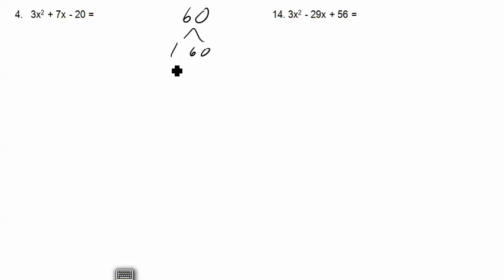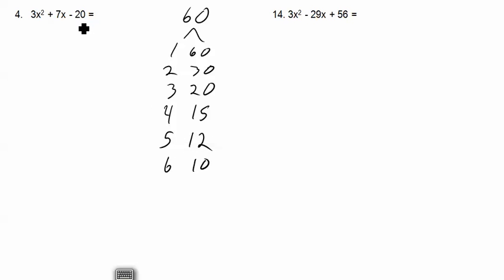So 1 and 60, 2 and 30, 3 and 20, 4 and 15, and 5 and 12, and 6 and 10. But 5 and 12, when we subtract those, equals 7. So, we write those down.